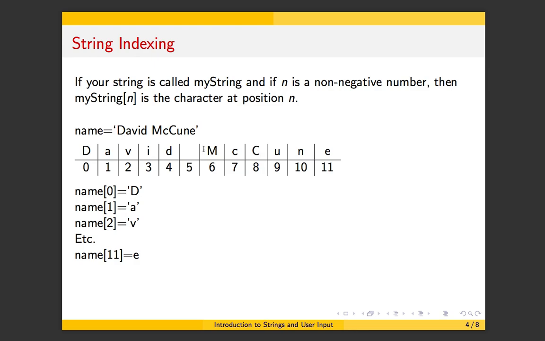So the computer thinks of this string as 12 symbols, starting with the capital D and ending with the lowercase e. However, when you think about counting, like here's the first character, the second character, and so on, anytime Python counts in a positional way like this, Python starts counting at 0.